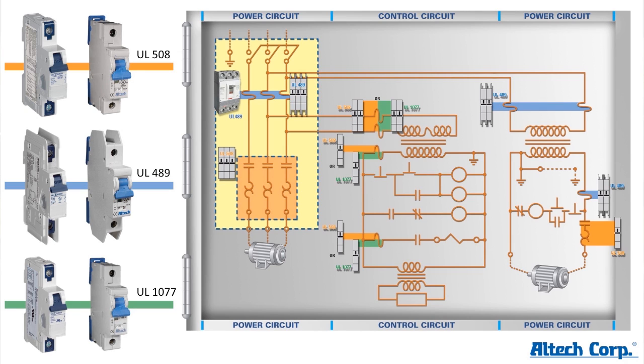We are now talking about 508, a component standard. So we took the requirements for 508, went through a very stringent test regimen, and got the initial 1077 circuit breaker approved to 508 with disconnecting means.